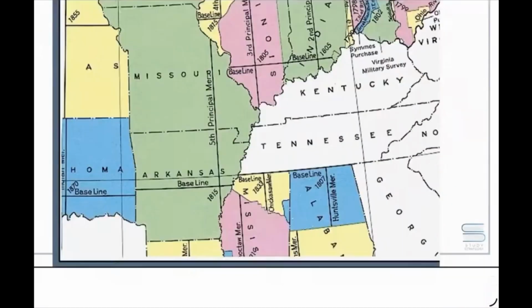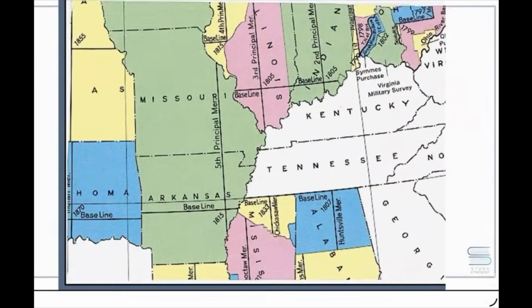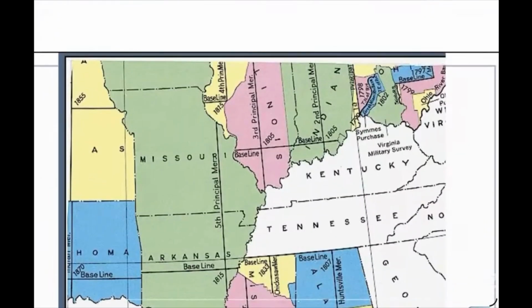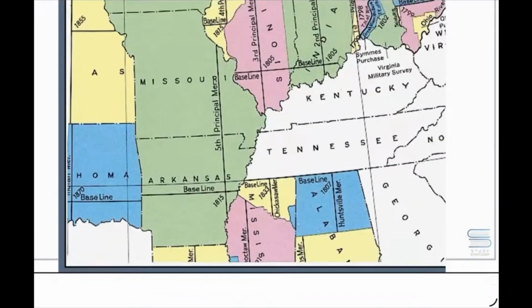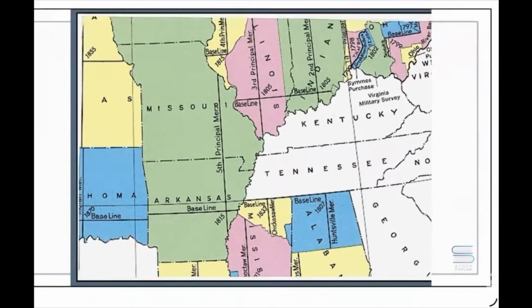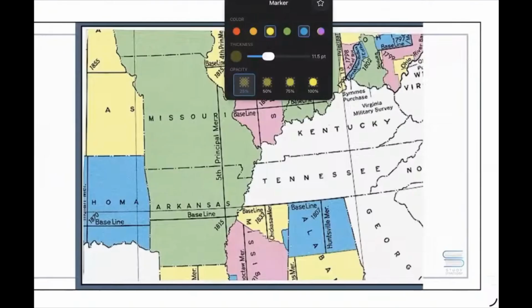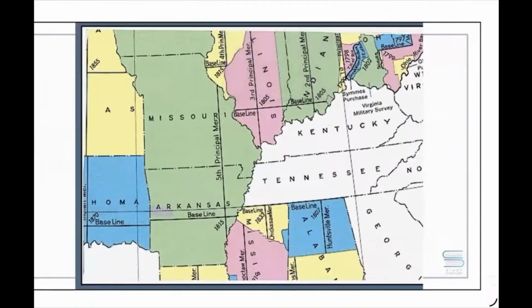So you can see here, some states are completely separate, but a lot of these states have different colors in them. You see how right here, and let me change colors, Arkansas, there's a baseline and there's a principal meridian.